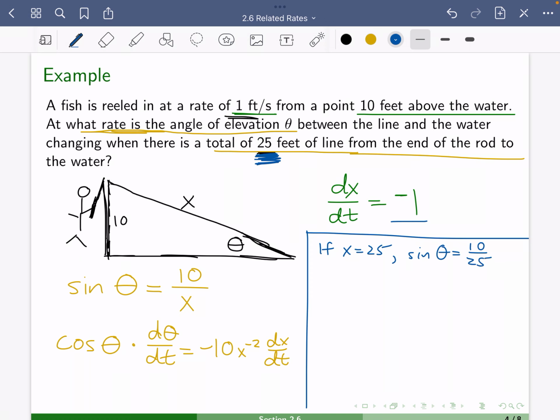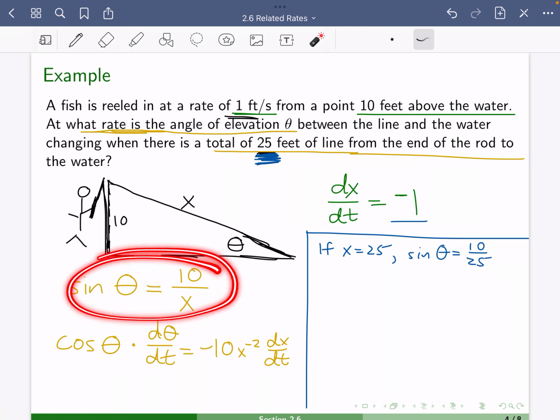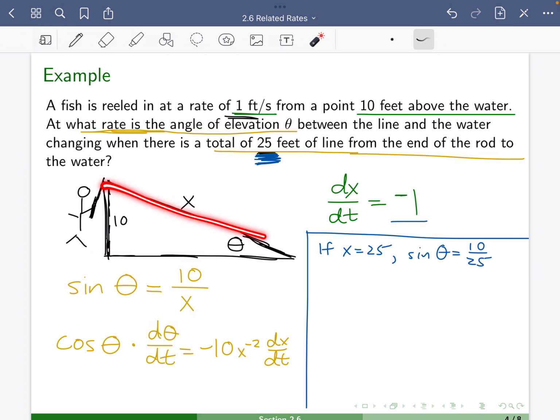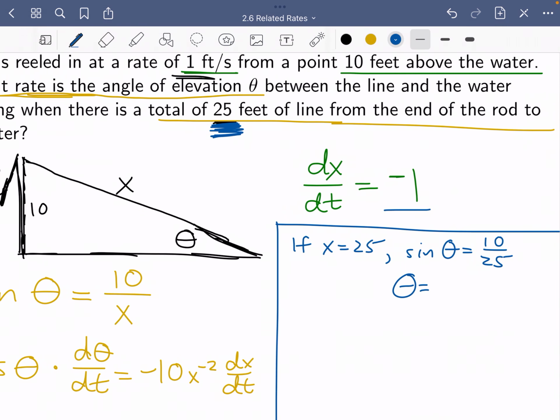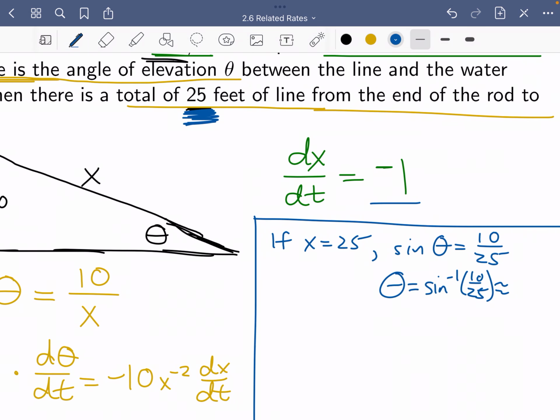So I'm going back to this relationship between the angle and the length of line. So theta is the inverse sine of 10 over 25, which is approximately 0.4115.